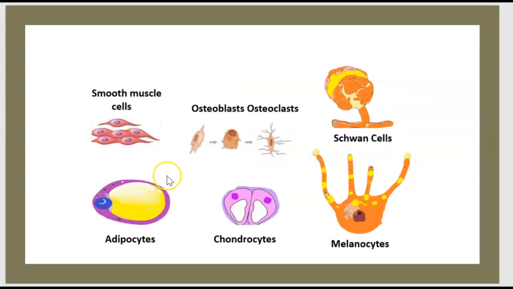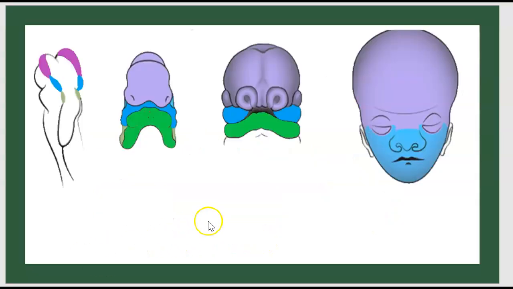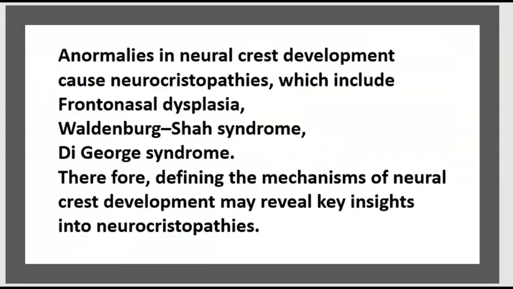Crest cells spread everywhere: smooth muscle cells, osteoblast, osteoclast, Schwann cells, melanocyte, chondrocyte, and adipocyte. Some bones of the face come from crest cells.